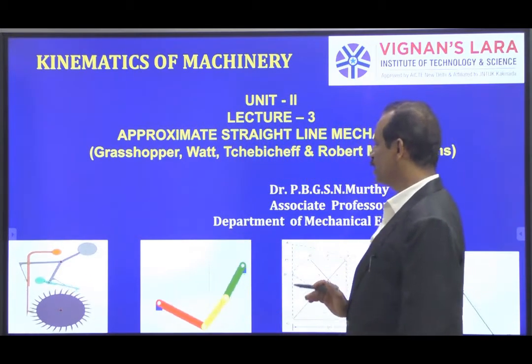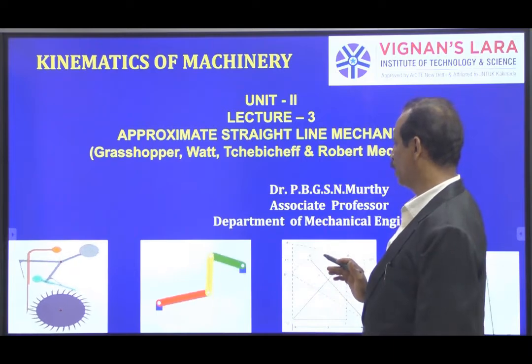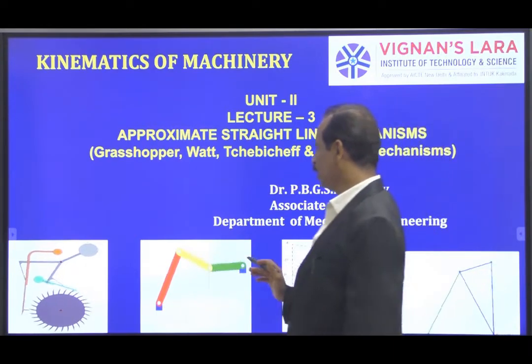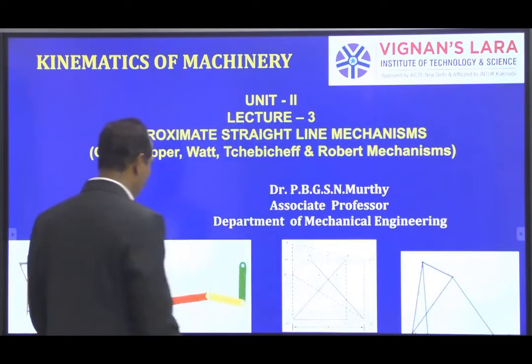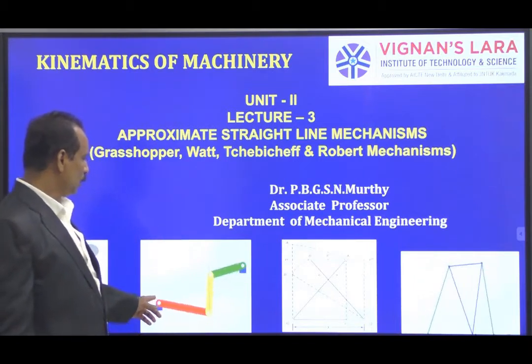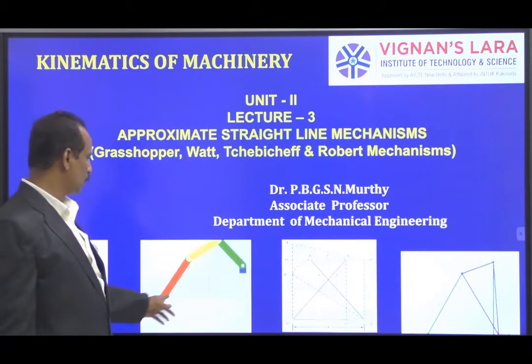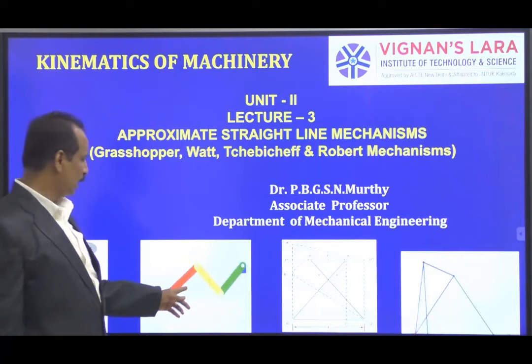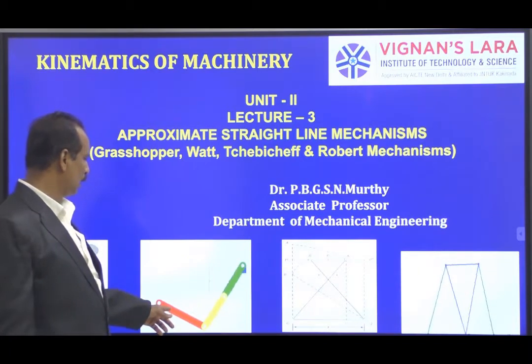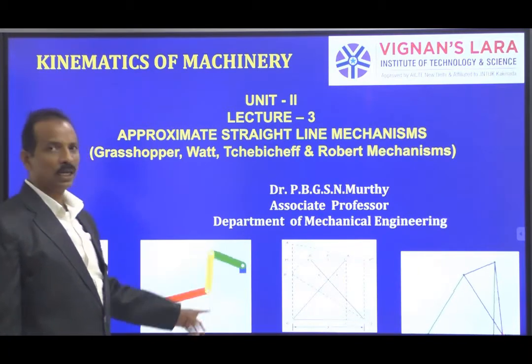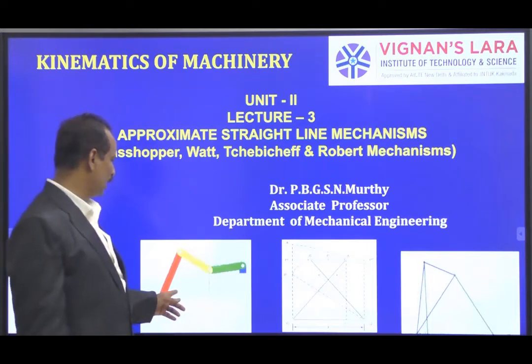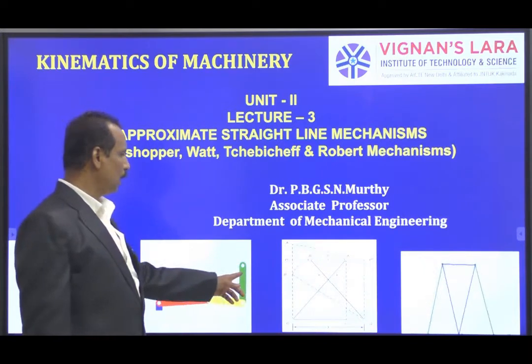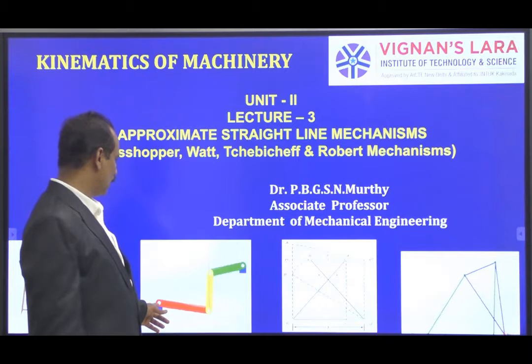Then the next mechanism is the Watt mechanism. Here three different colors are shown for three different links: red, yellow and green indicate three different links, and blue is the fixed link.